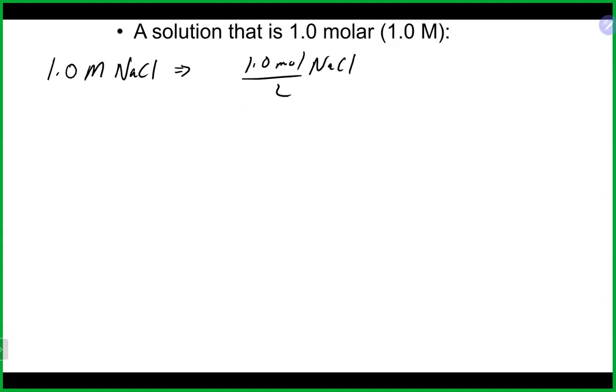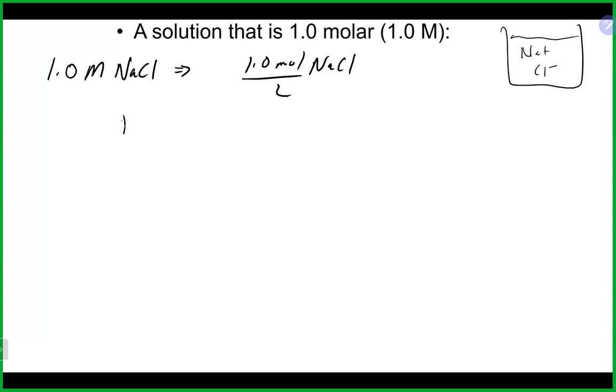Now, sometimes you may be interested in not the whole ionic compound, because sodium chloride is an ionic compound. It's a strong electrolyte, which means when it's in solution, it's really not staying together. You actually don't have any sodium chloride units together. You have basically 100% sodium ions floating around and chloride ions floating around. You have none of those sodium chloride units still together.